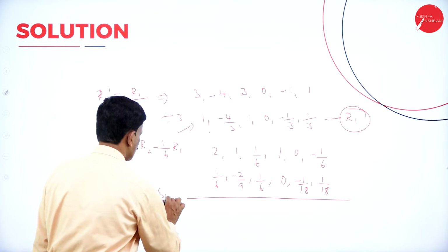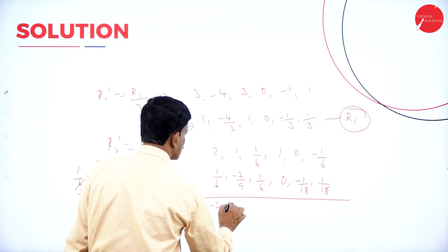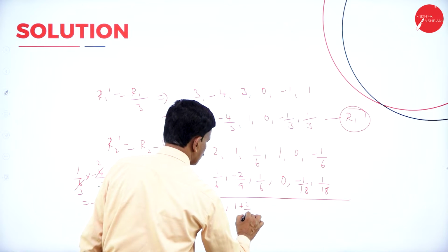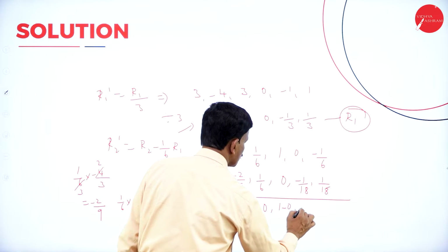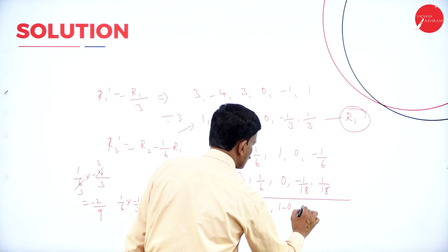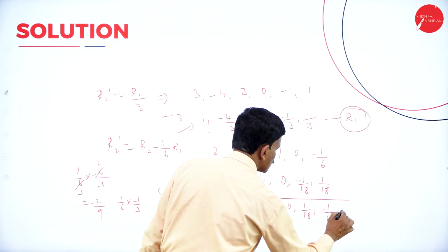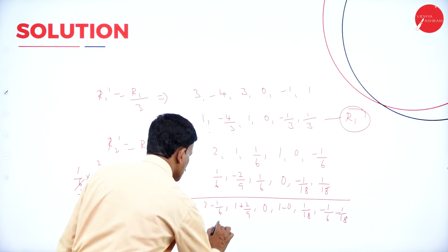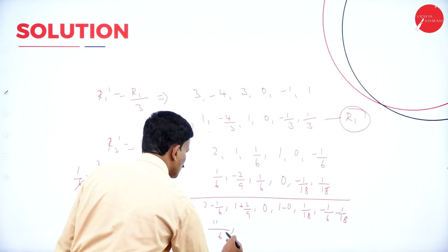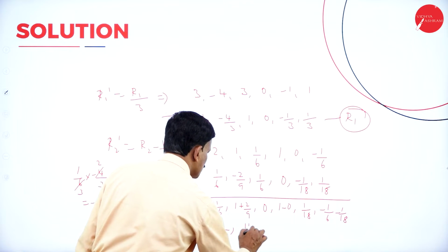What is the answer we are going to get? So 2 minus 1 by 6, 1 minus minus 2 by 9, this is 0, 1 minus 0, and 0 minus of minus is plus 1 by 18, minus 1 by 6 minus 1 by 18. Here 6 is the LCM: 6 2s are 12 minus 1 is 11 by 6. For 2 by 9, LCM is 9: 9 1s are 9 plus 2 is 11.